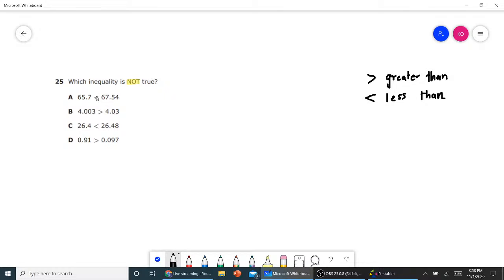So for A, we see this symbol right here. So we can say that 65.7 is less than 67.54. So as we can see right here, let's just draw a number line.